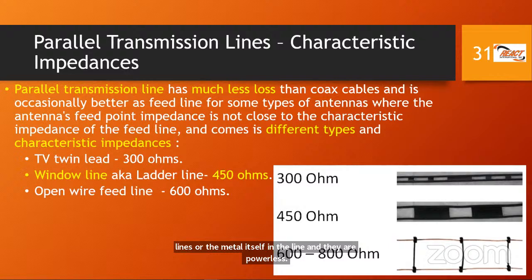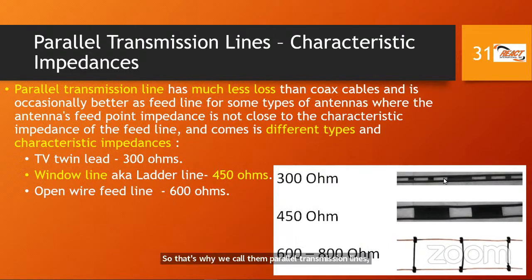Two wires that are parallel, but we can space them differently. And by doing so, remember we said that as we change a couple of characteristics, the diameter of the conductor as well as the distance between the centers of the conductors, we change the characteristic impedance. And we're seeing that here. Look at these closely spaced conductors. The characteristic impedance is 300 ohms.